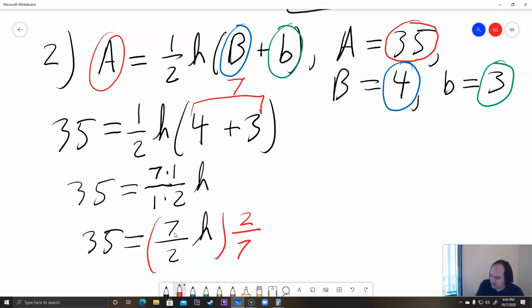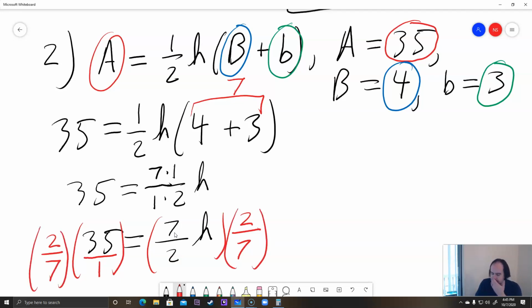And on the left side, remember the 35, when it doesn't have a denominator, it's 35 over 1. Okay, so we're basically just multiplying both sides by the reciprocal, which is 2 sevenths. And then on the right side, the 7s and the 2s cancel. So we just get h.